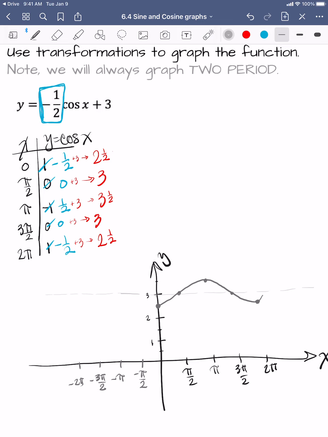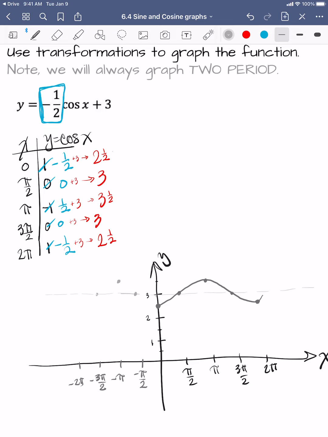So he's going down, reading it right to left, down, going up to the midline, up, down to the midline, down. So he's going to go back up to the midline and then go all the way up to its highest point. So negative pi/2, I'm going to bring you up to your midline. Negative pi, you're going to go up to your high point, which is 3.5.